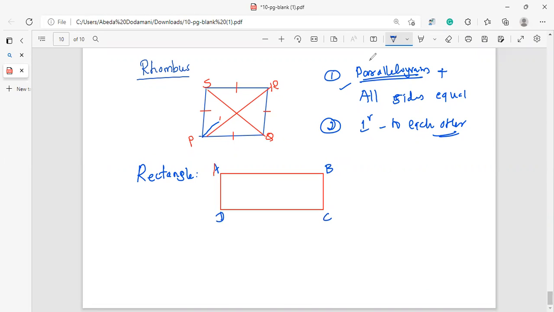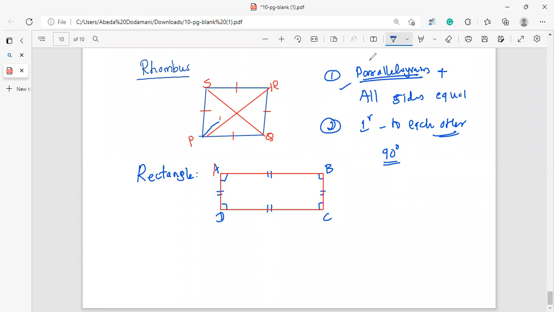This is again a parallelogram, but with each angle a right angle. Here also the opposite sides are equal. And the angles A, B, C, D should be right angles, equal to 90 degrees.